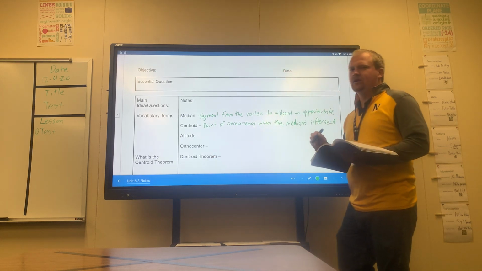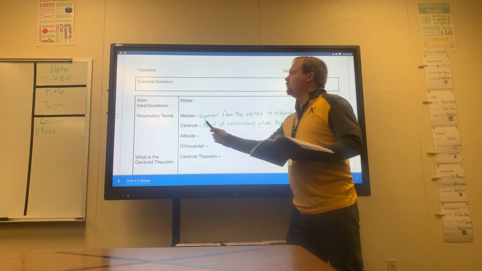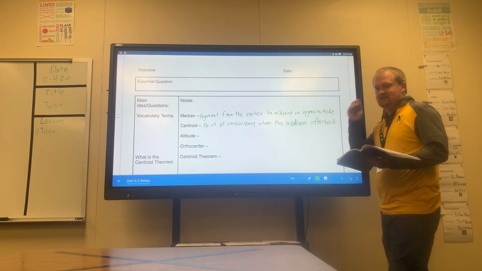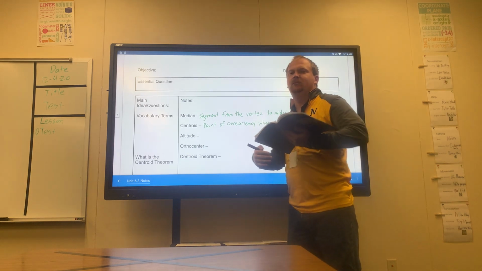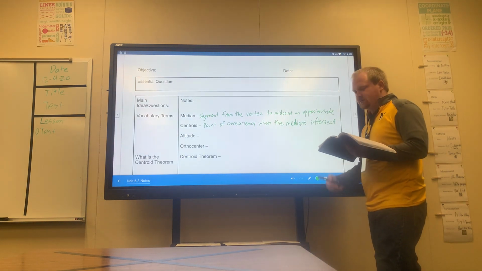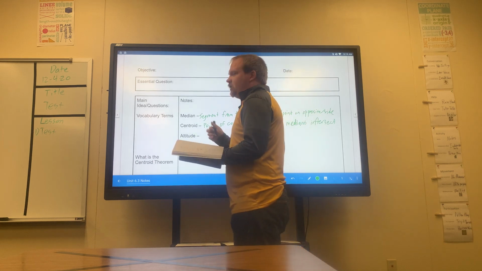So that's very important to keep in mind, that a centroid is when we have medians. We'll discuss more about how to find centroids and their significance in a minute. But next, we're going to talk about altitude.